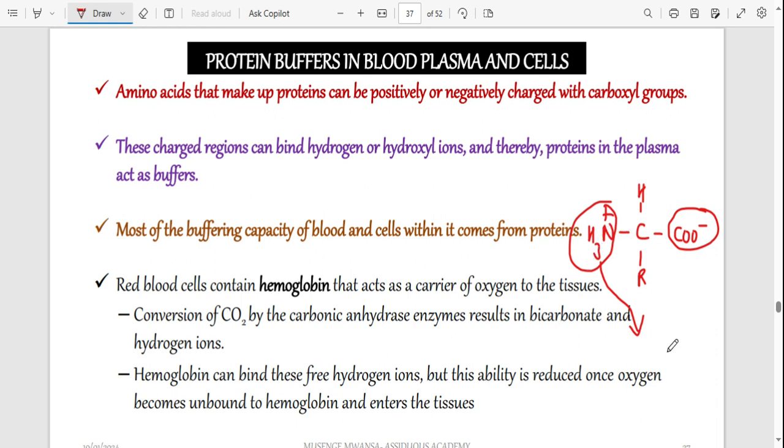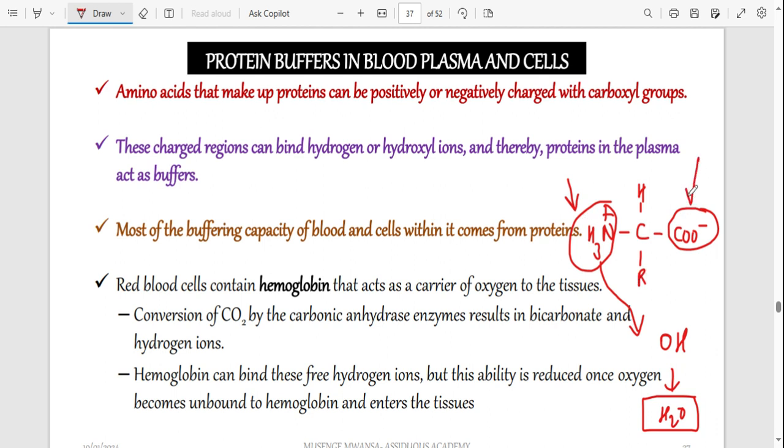Let's say, for example, you are reacting with a base. A base has hydroxide. So one hydrogen here is going to be released. It comes and reacts with the hydroxide here, and that will form water. So the part of the amino acid that acts as an acid is the amine, okay? Because the acid is a proton donor.